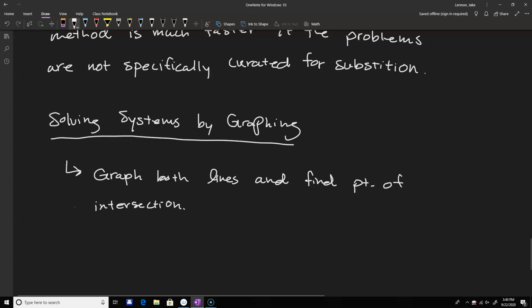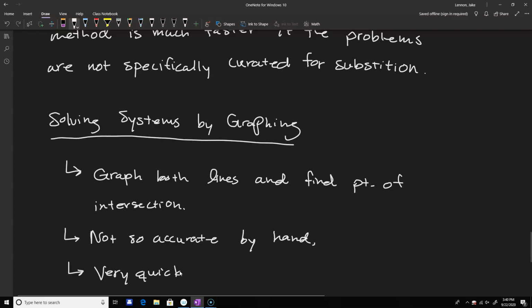Typically, this is not so accurate if you're doing it by hand, but very quick if you can use, let's say, a calculator or program.